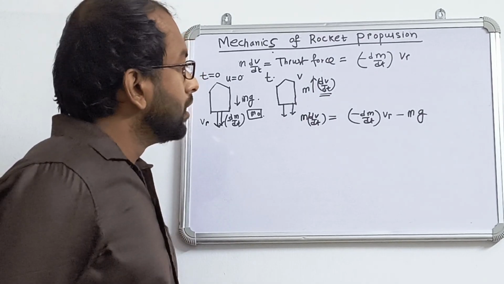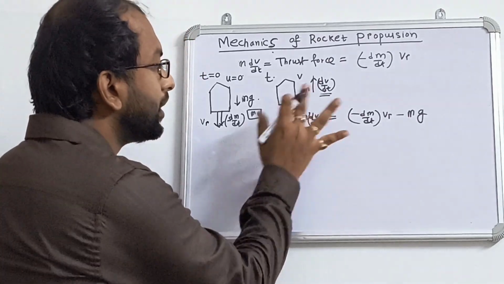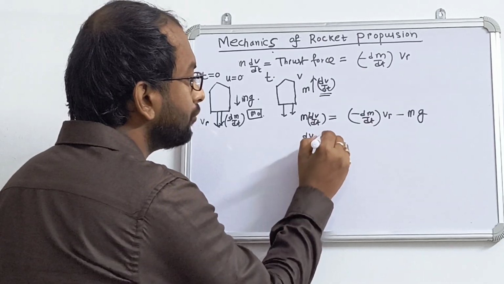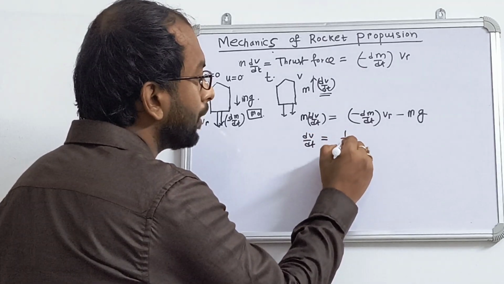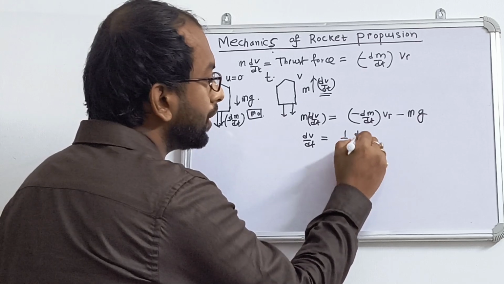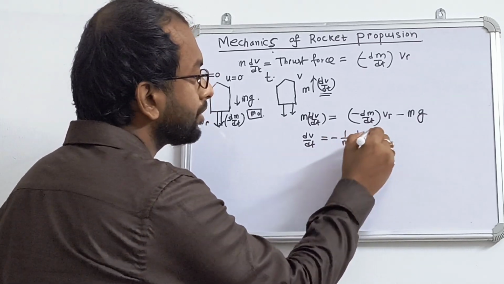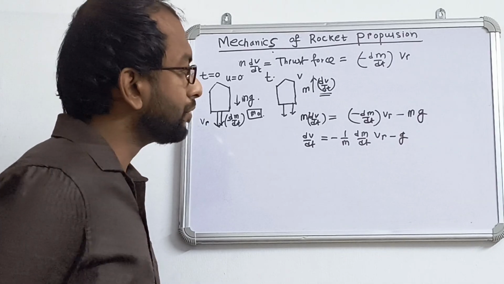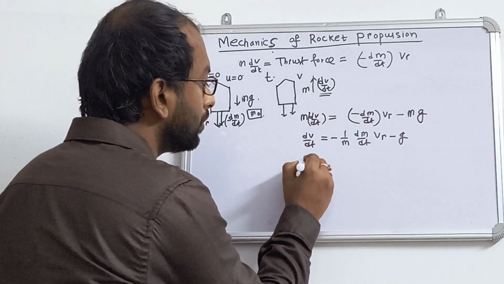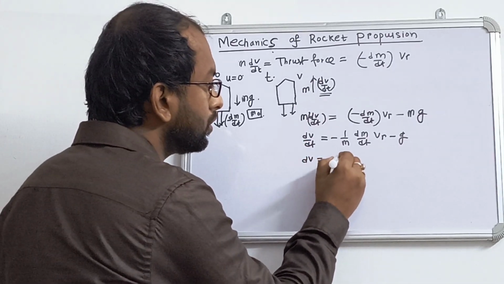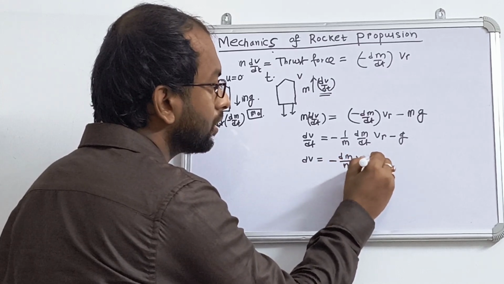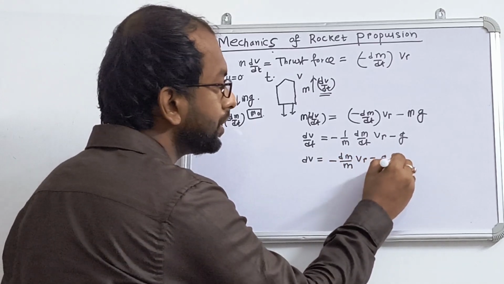Now see, in this equation we'll divide everything by m, so we'll get dv/dt equal to 1/m dm/dt, that is minus Vr, minus g. Now dv will be equal to dm/m, that is minus, into Vr, minus g into dt.